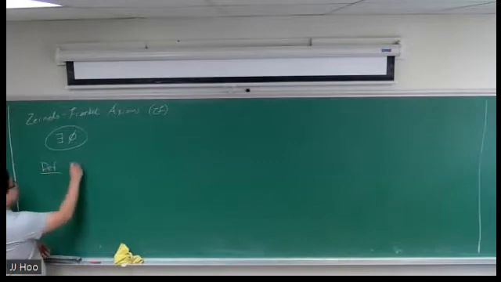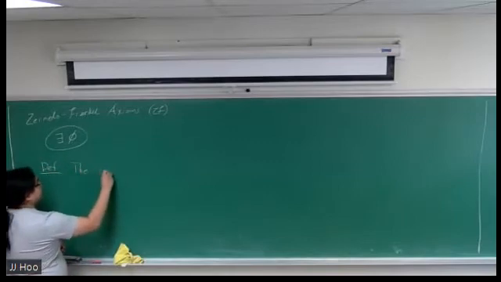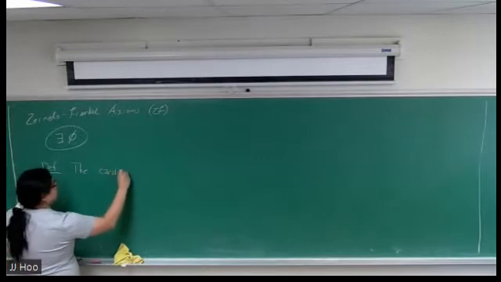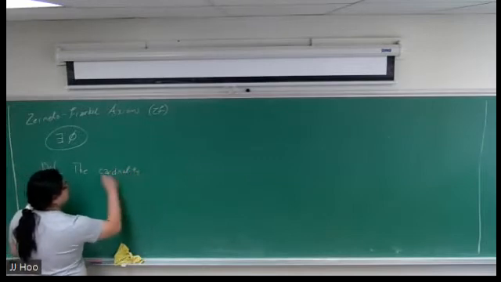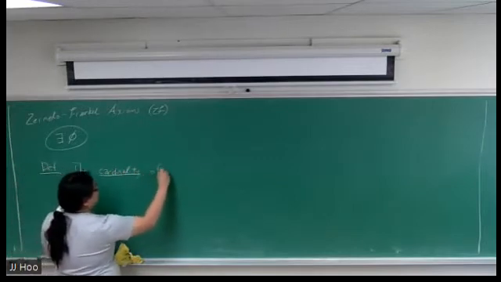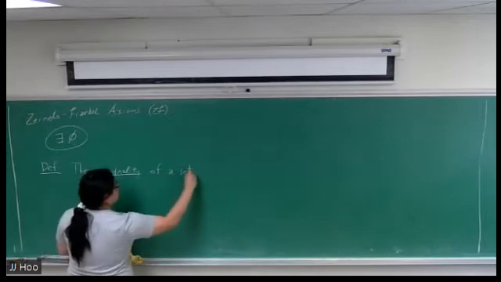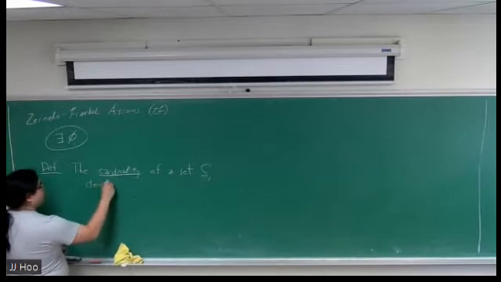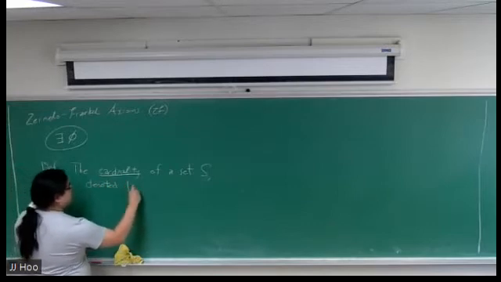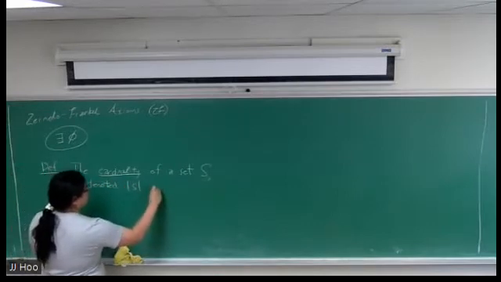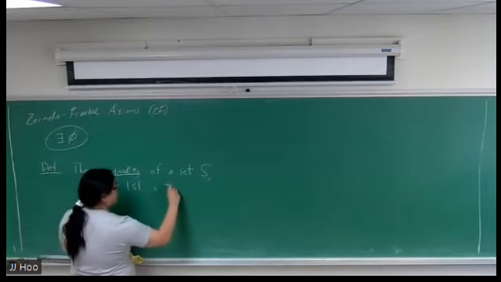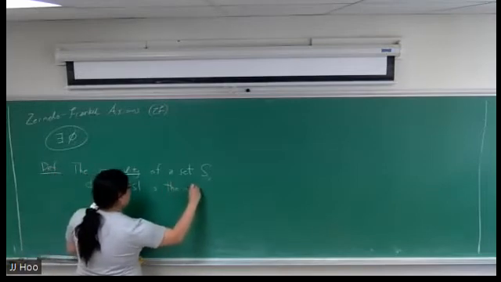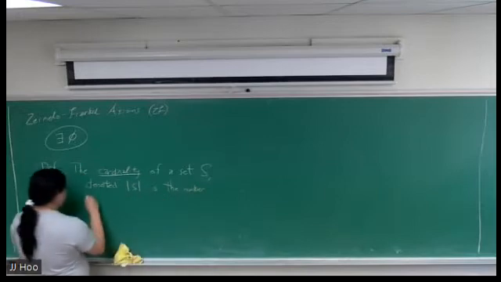The cardinality of a set, let's say the set is called capital S, is denoted with absolute value signs, and is the number of elements in the set.